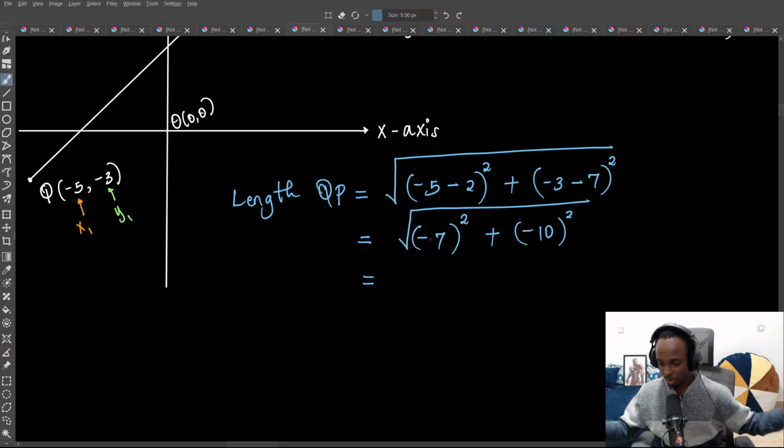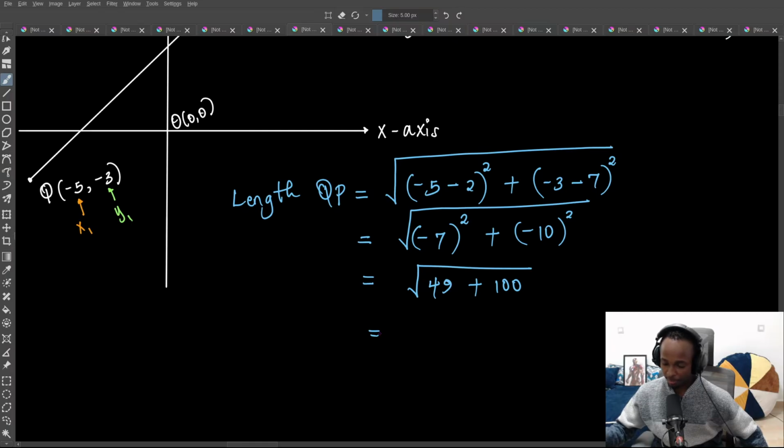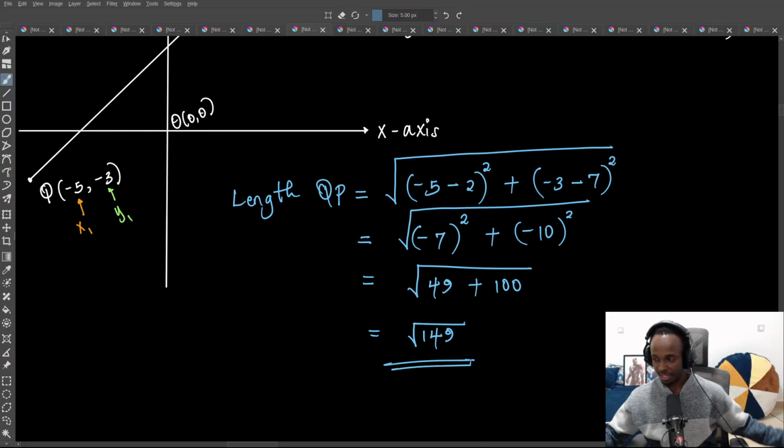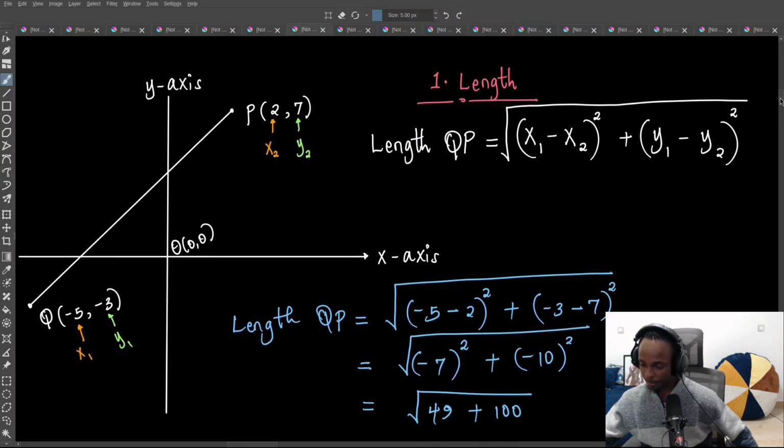So -7 squared, that's going to give us 49. And then plus, then we have -10 squared, and that is going to give us 100. And then you're finding the square root of this. So 49 plus 100, that is 149. So the length of this line is going to be root 149. So that is how you find the length of a line.